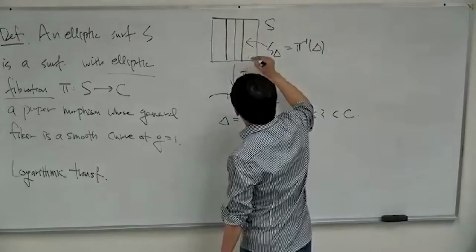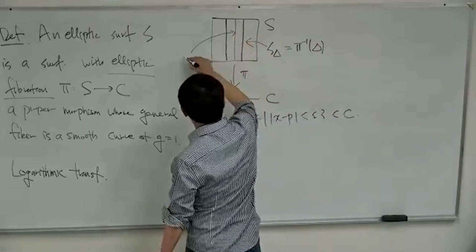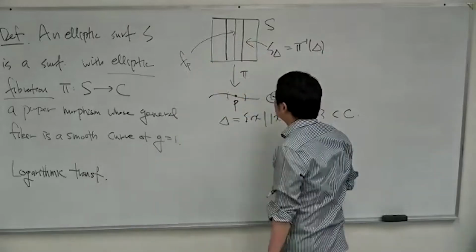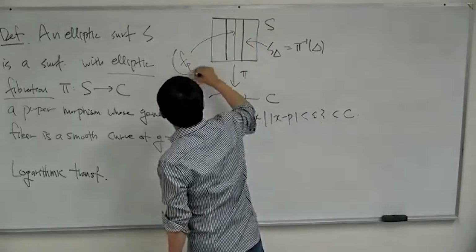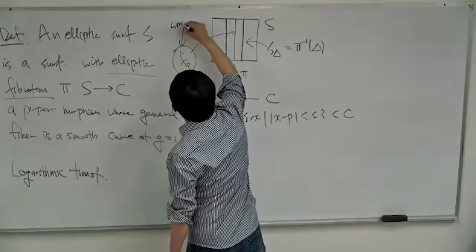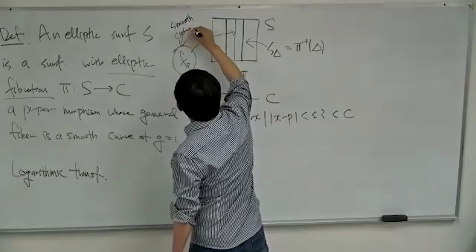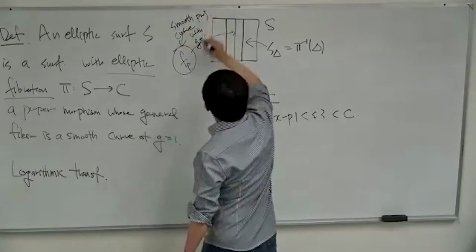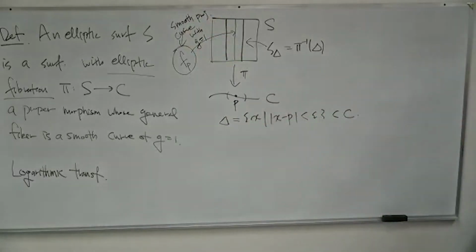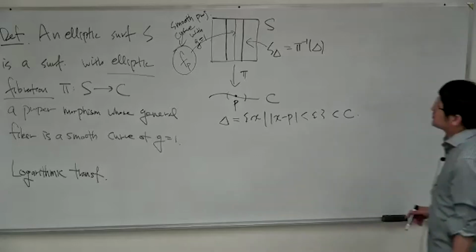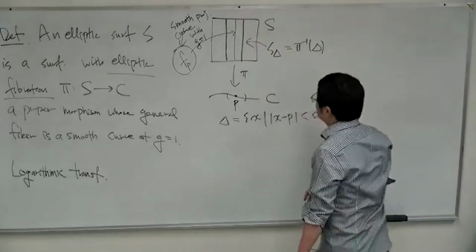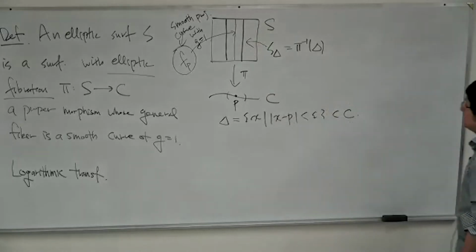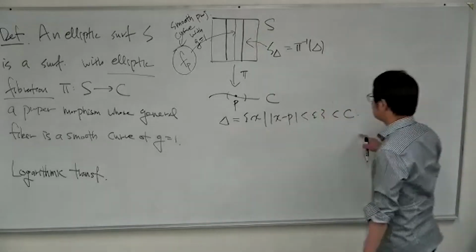So I consider this fiber, let me denote this fiber FP, and let me assume that this is a smooth projective curve with genus 1. So anyway, let me assume this fiber is a nice curve with genus 1.